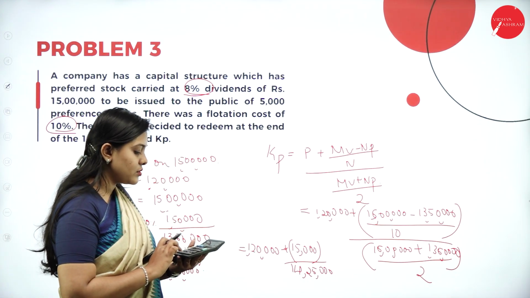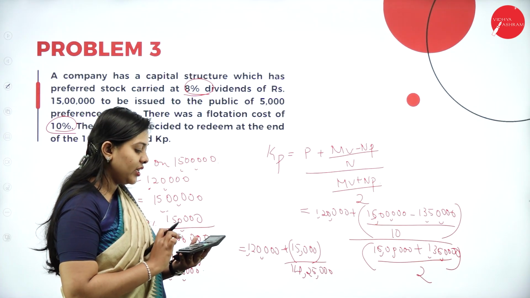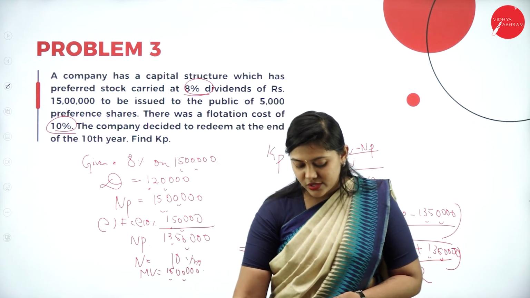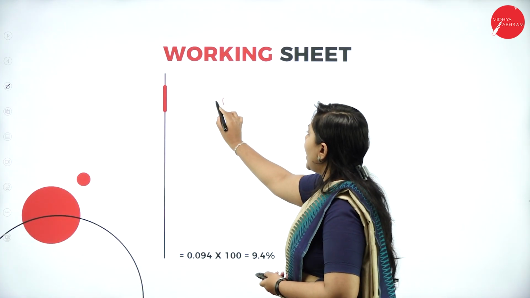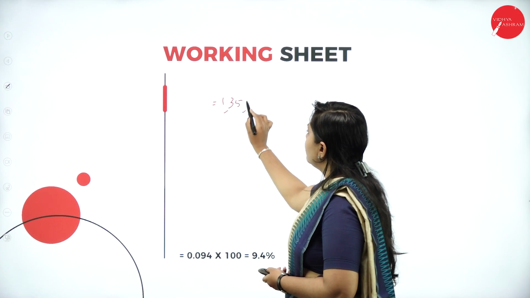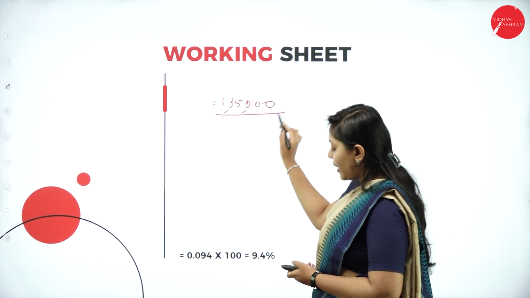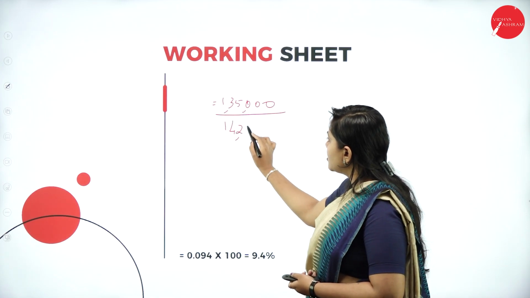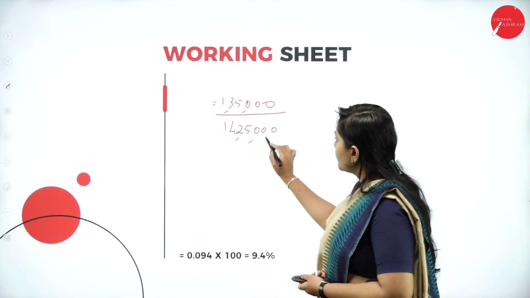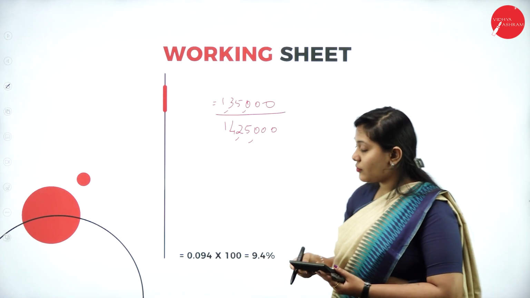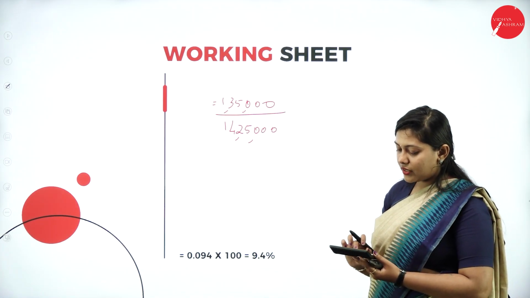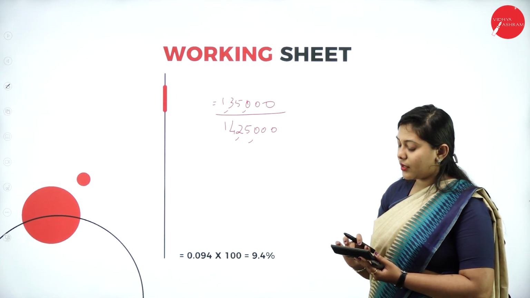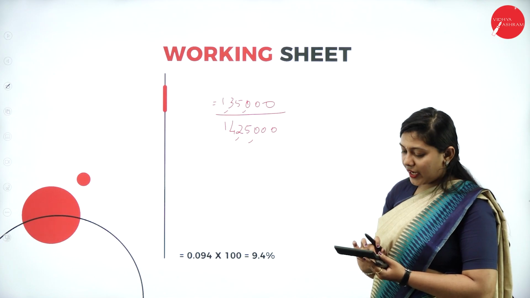So 15,000 plus 1 lakh 20,000. It will be around 1 lakh 35,000. So 1 lakh 35,000 divided by 14 lakh 25,000.